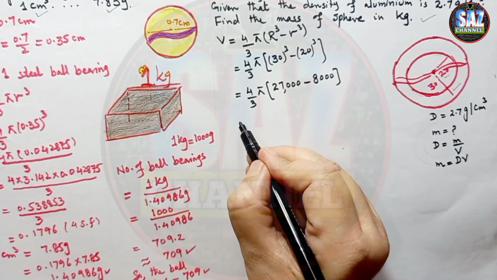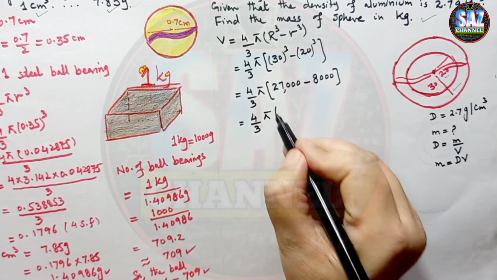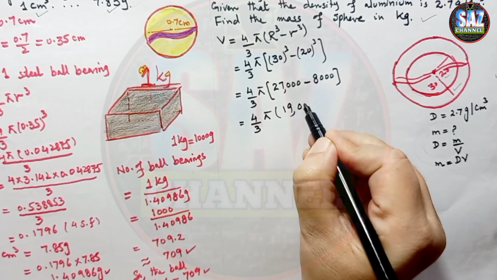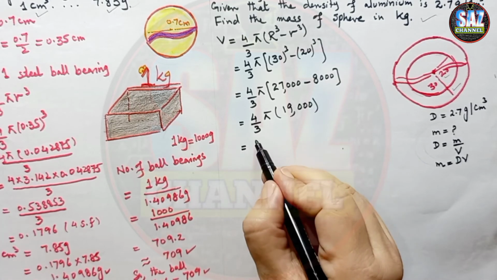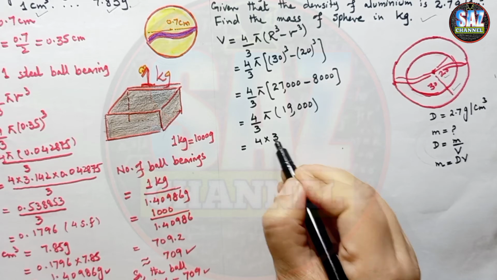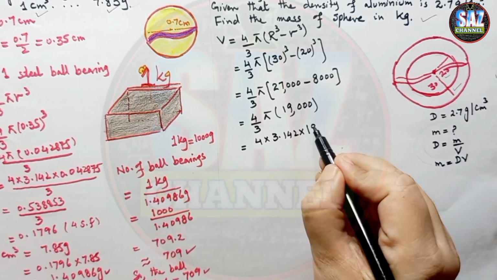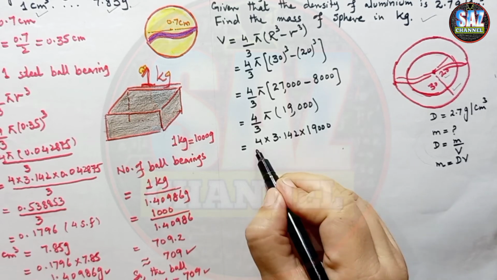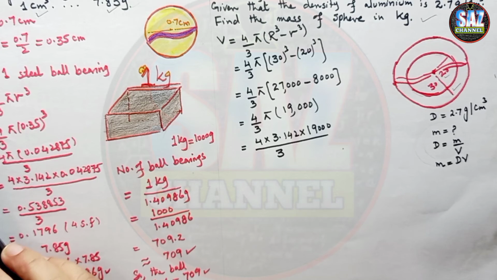Okay, and I'm left with 4 by 3 into pi into 19,000. Now what we have to do is 4 multiplied by 3.142 multiplied by 19,000 upon 3. This is the volume of one hollow sphere.